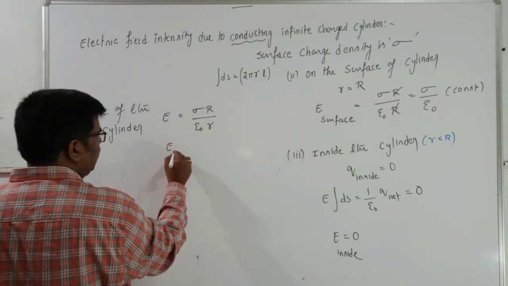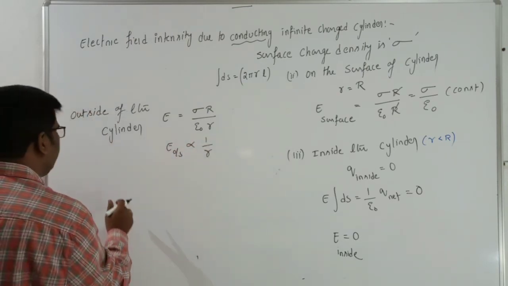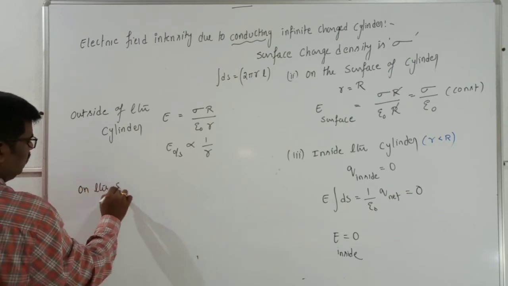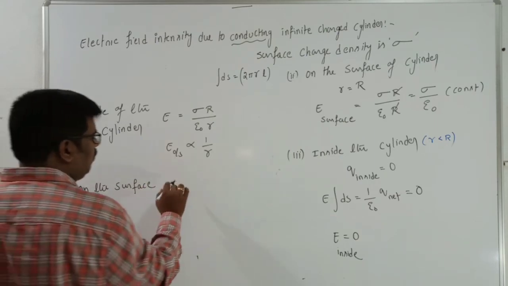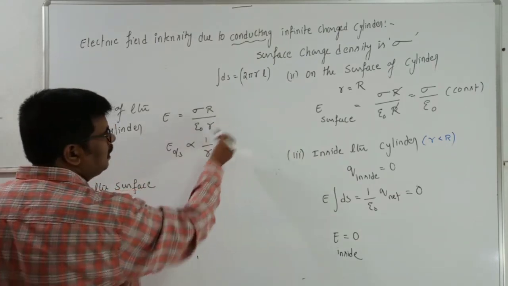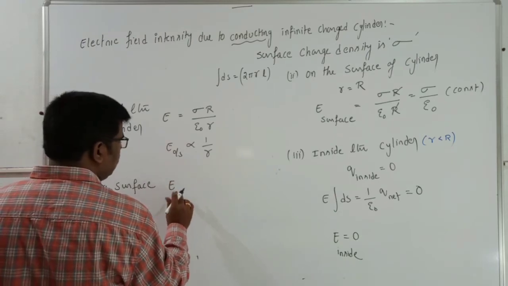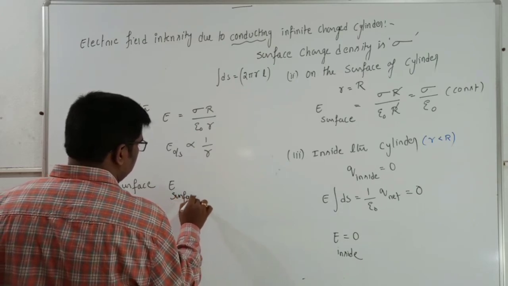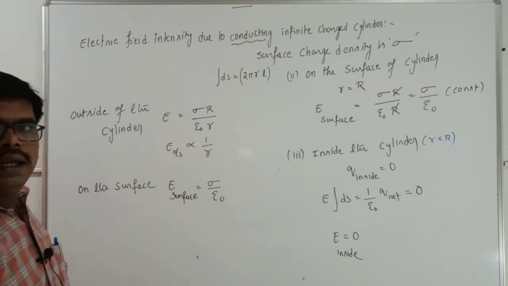So E outside is inversely proportional to r. Next, on the surface, small r equals capital R, so E on the surface is sigma by epsilon naught.